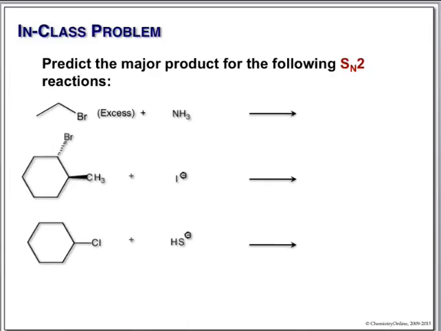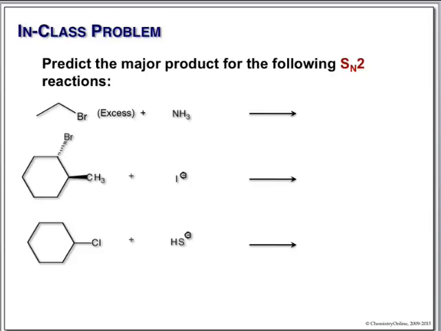All right, here we have more simple SN2 reactions. Our first one, we're using ammonia, the nitrogen in ammonia, as our nucleophile here. The basic reaction is going to be the lone pair on the nitrogen attacking the electrophilic carbon.